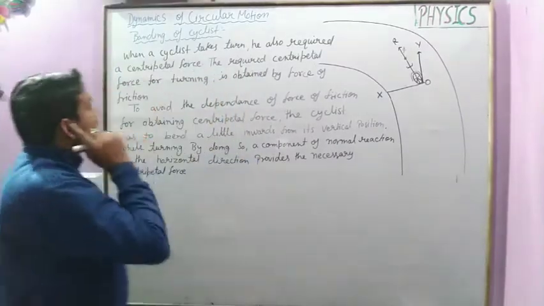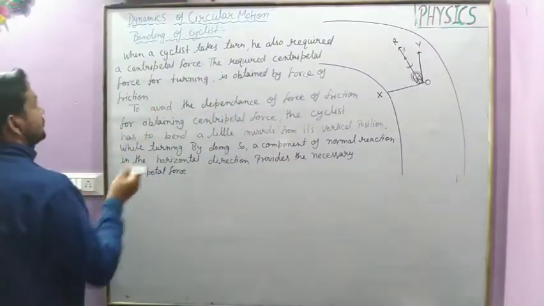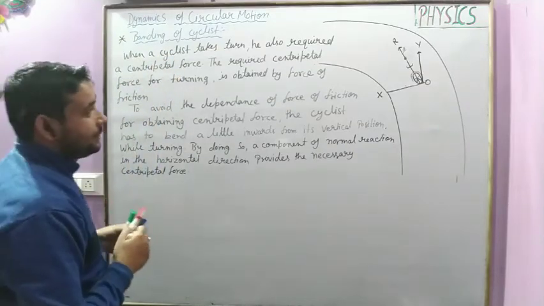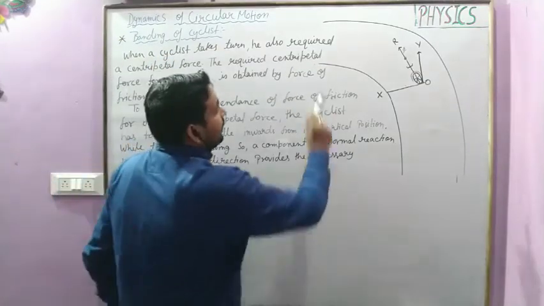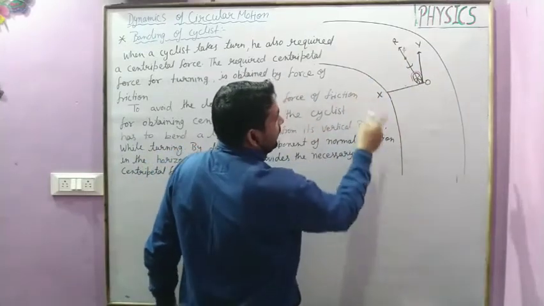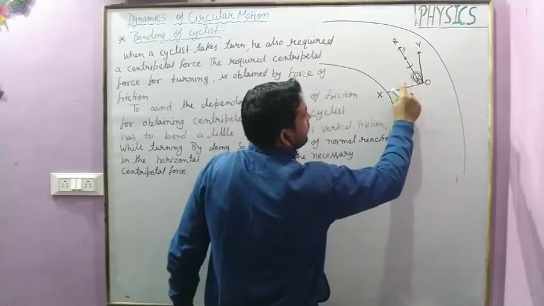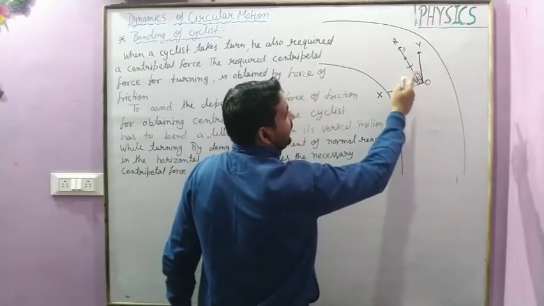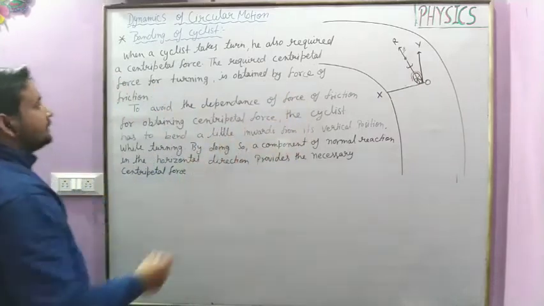Okay, now students, the next topic is the bending of a cyclist. In this figure, at the curved road, this is shown by the bending of the cyclist.